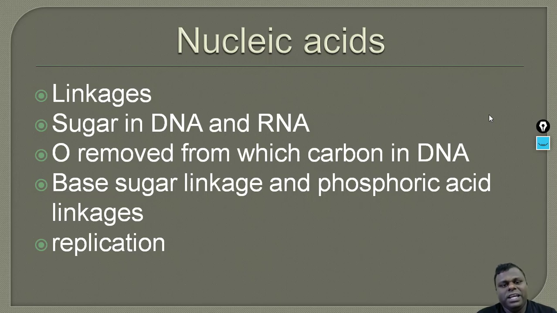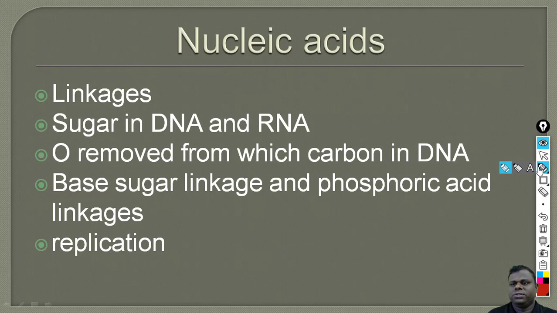Base sugar linkages I have already discussed, and replication, the elementary ideas. But yes, this is very, very important, and I would say that a lot of questions are expected from this particular topic, because it is not just important, but also a lot of data is already there that is pretty much relevant, right?